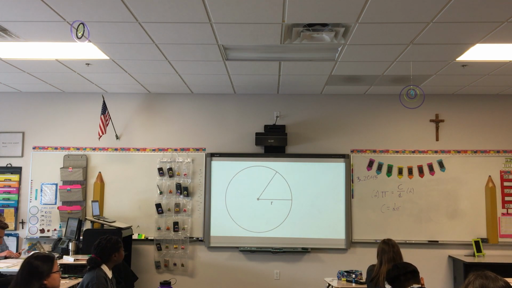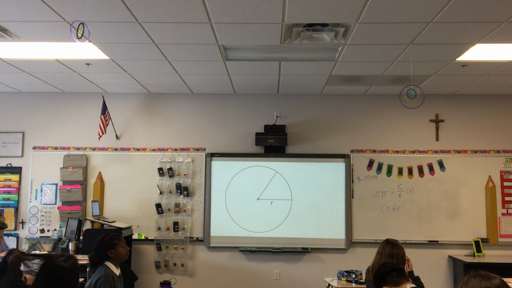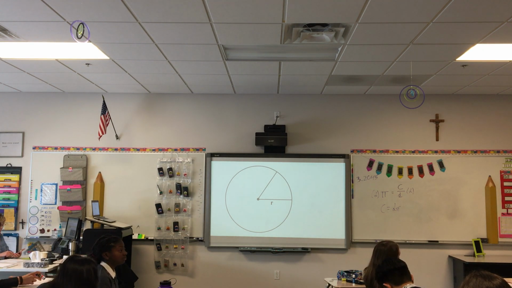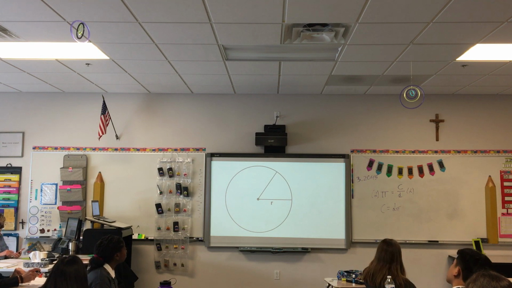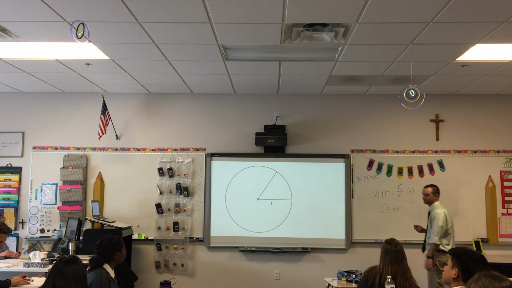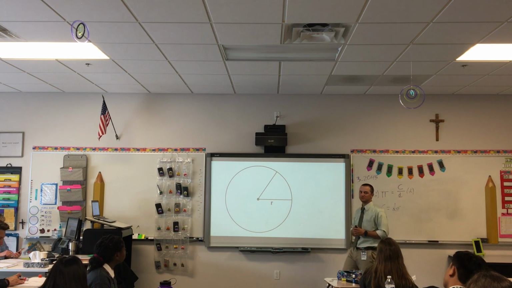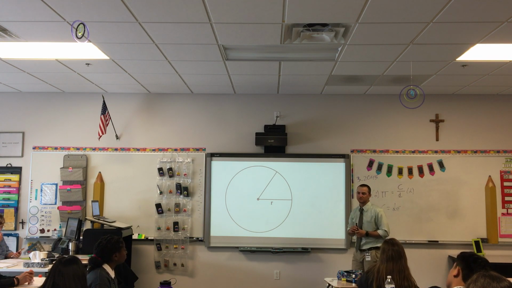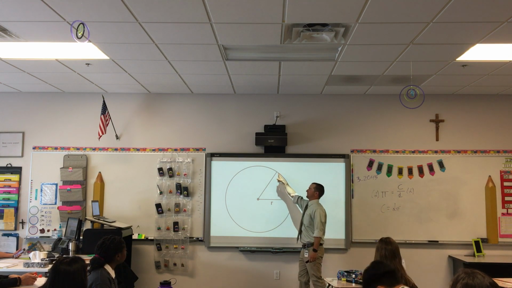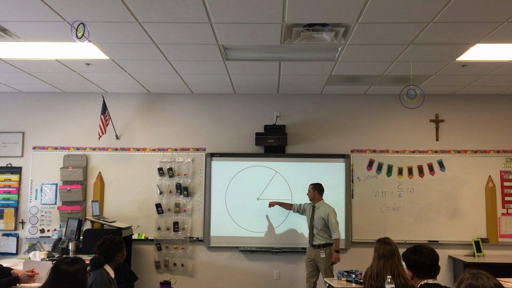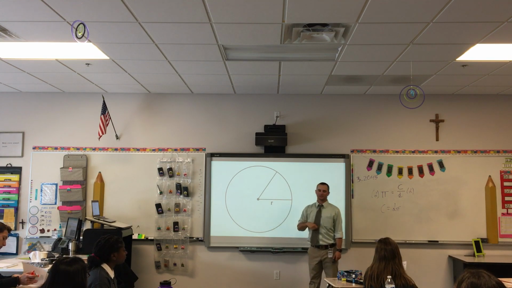So, if we know the arc length, my question is, why do we mess with angle measures at all? Why don't we just talk about arc length? Because, for example, it'd be easy to say that this arc length here is 1 radius.